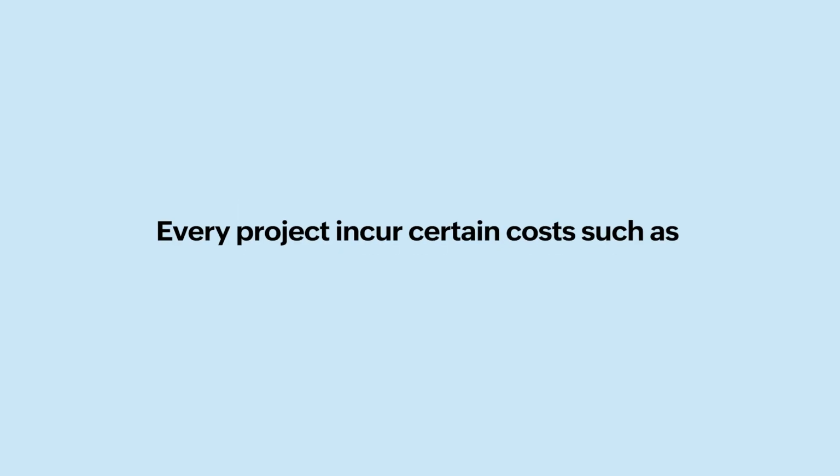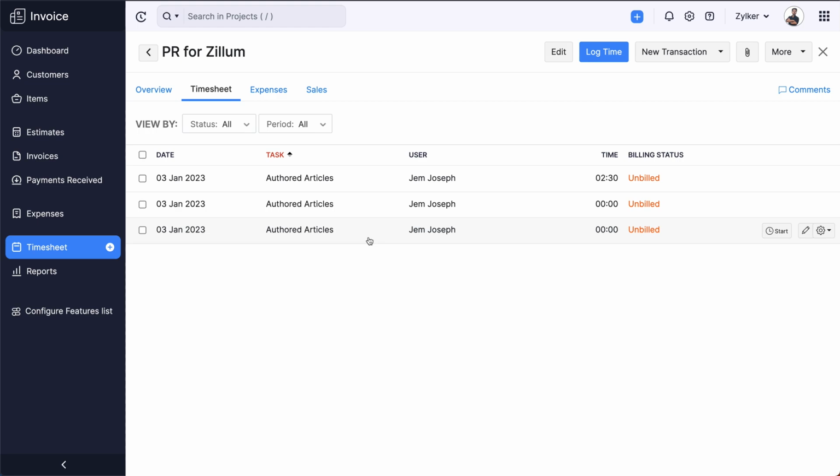Now, let's add expenses to your project. Every project incurs certain costs such as purchasing raw materials, labor charges, logistics, and more. These expenses can also be billed to your customers. Let's record an expense for the project and bill it to your customer.